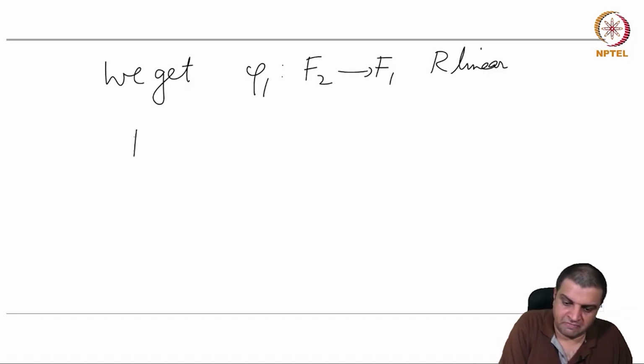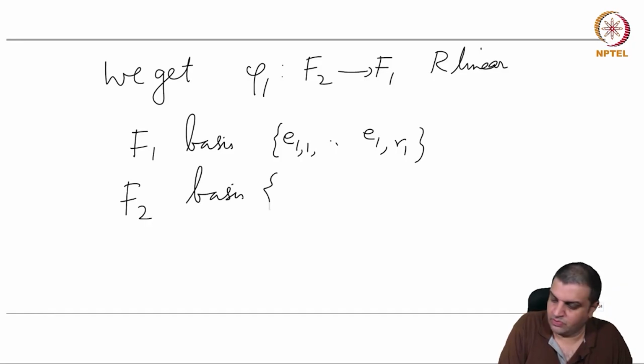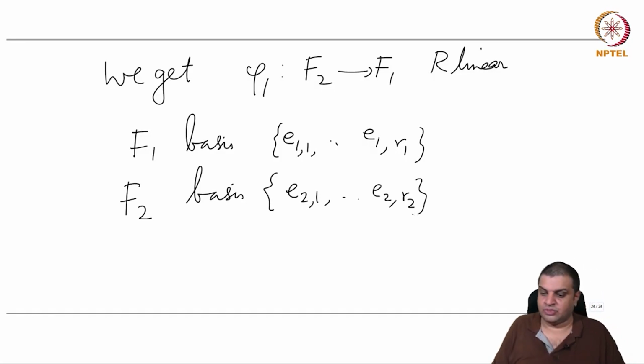F1 has basis E1 1 up to E1 R1, where R1 is the rank of F1. F2 has basis E2 1 up to E2 R2, where R2 is the rank of F2.